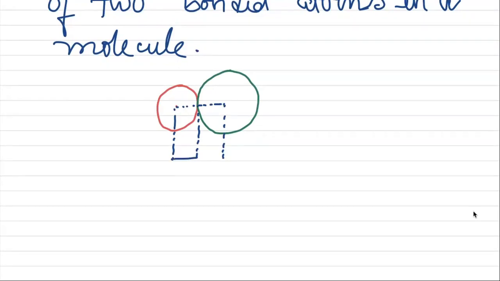Suppose this portion is RA and this portion is RB.